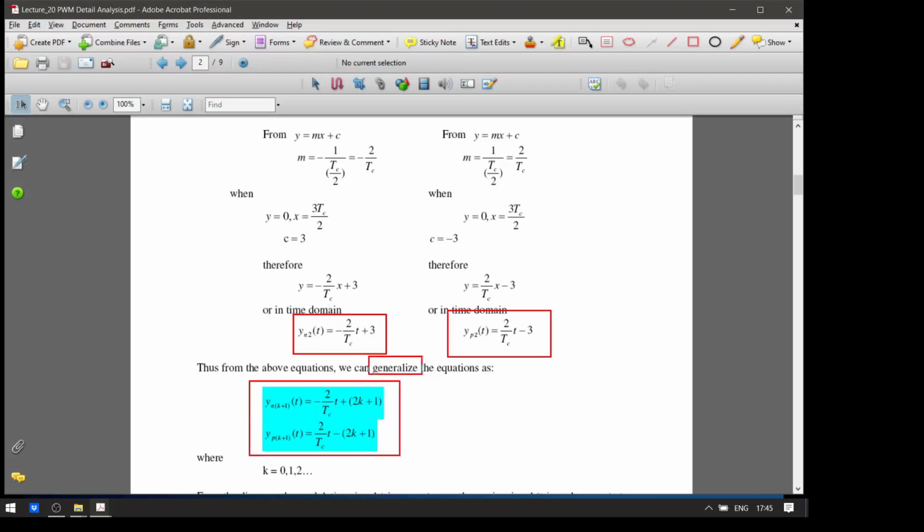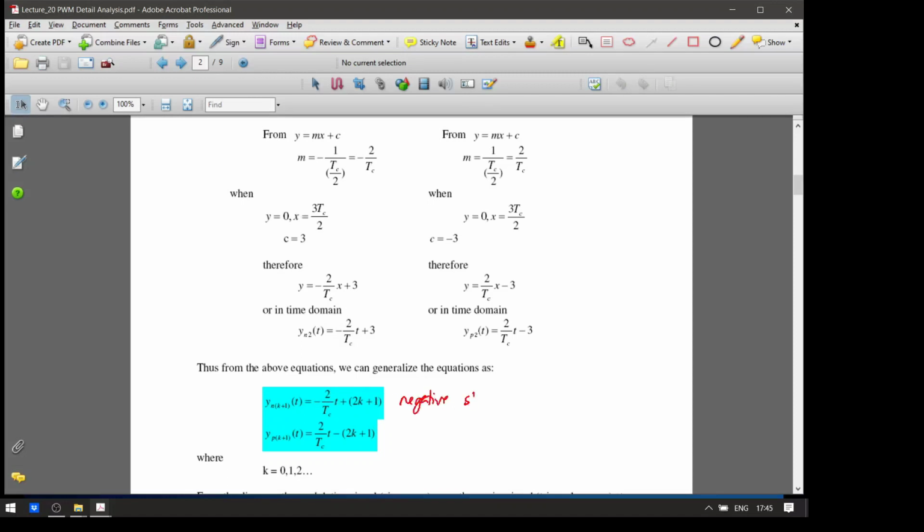We can generalize the equations by using these two equations: yn(k+1)(t) equals minus 2 over Tc for the negative slope equation, and this is for the positive slope equation.